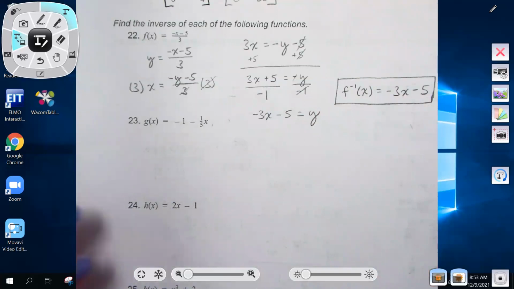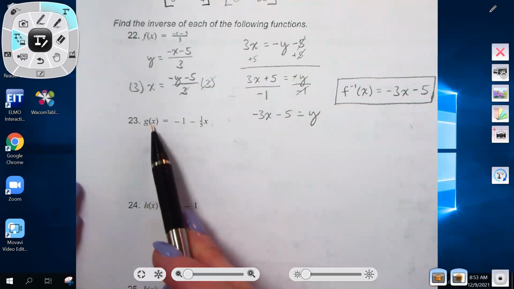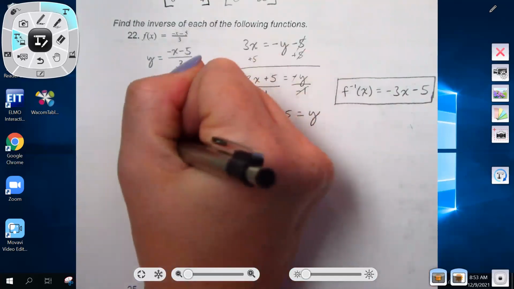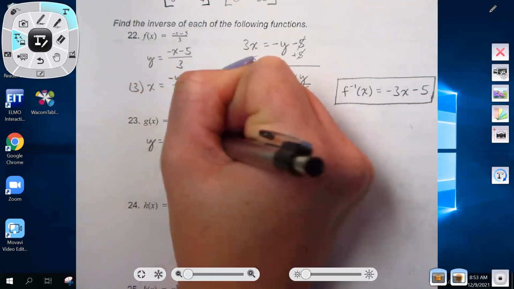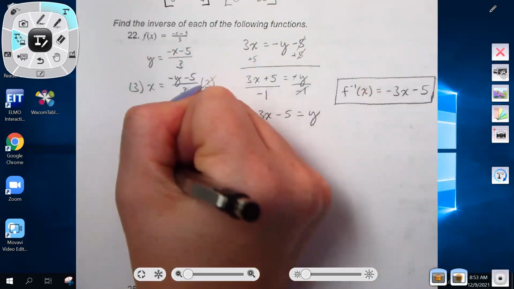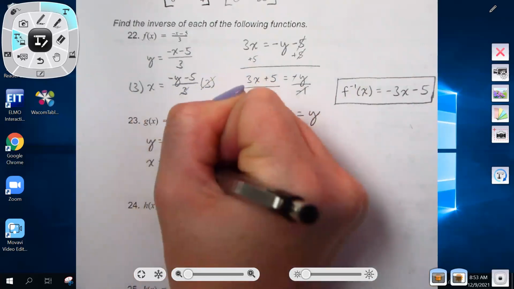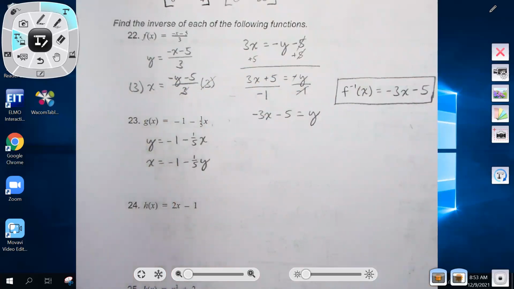Number 23, same steps. We're changing the function notation, g of x, we're changing that to y. So y equals negative 1 minus 1/5 x. Switch the x and the y. X equals negative 1 minus 1/5 y. Then we work to get y by itself.